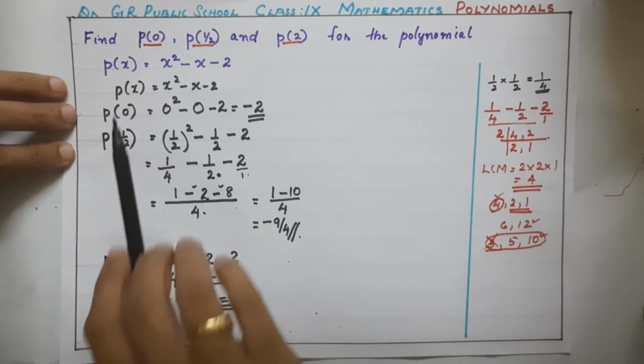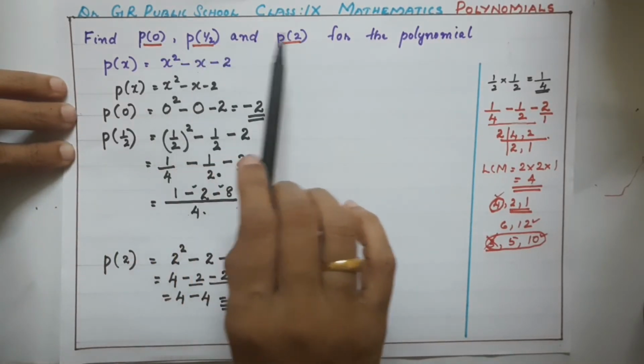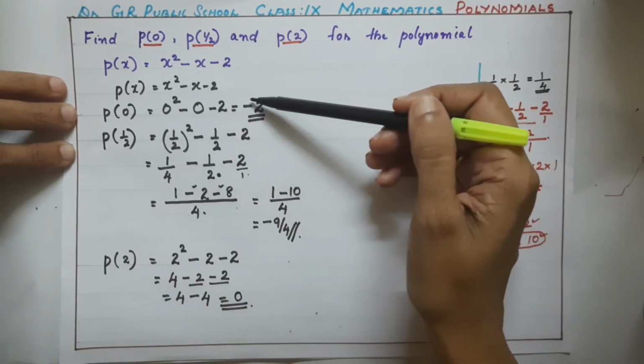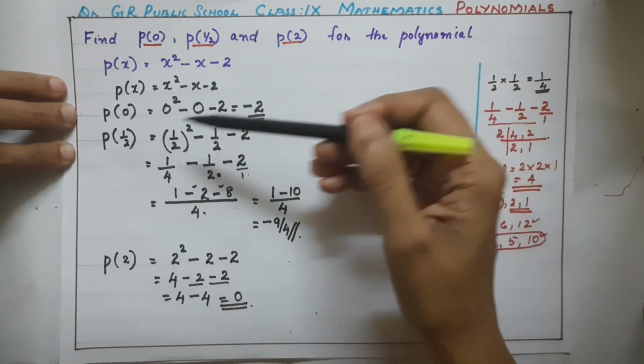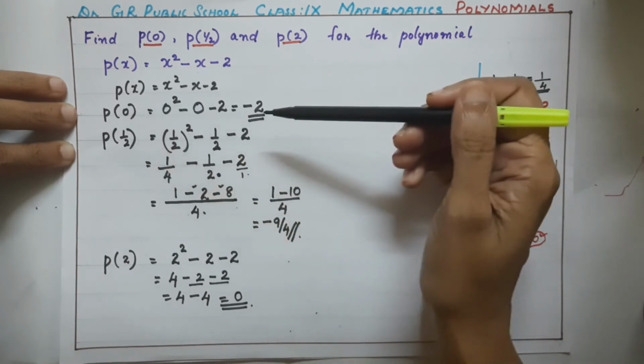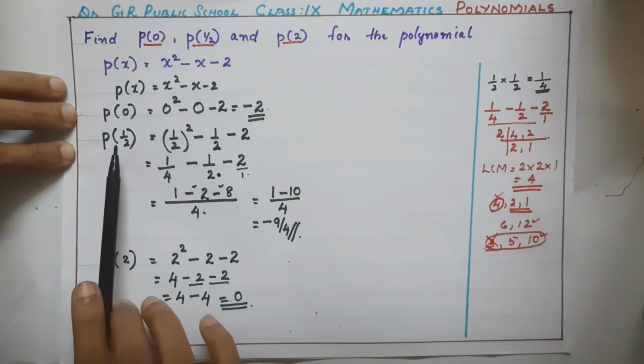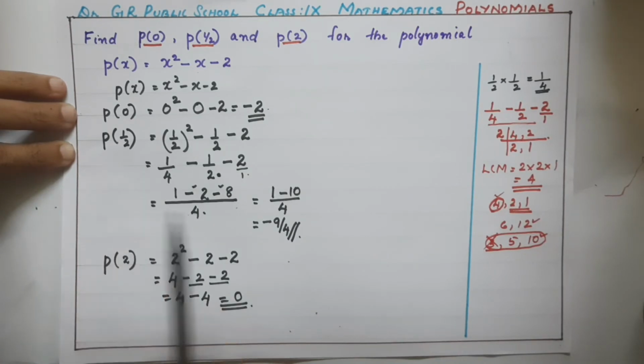Okay children. When we put these three values in this polynomial, we are getting different values. Here when x equal to 0, the polynomial value is minus 2. And when we put 1 by 2 for x, we got the polynomial value as minus 9 by 4. When we put x equal to 2, the polynomial value we got as 0.